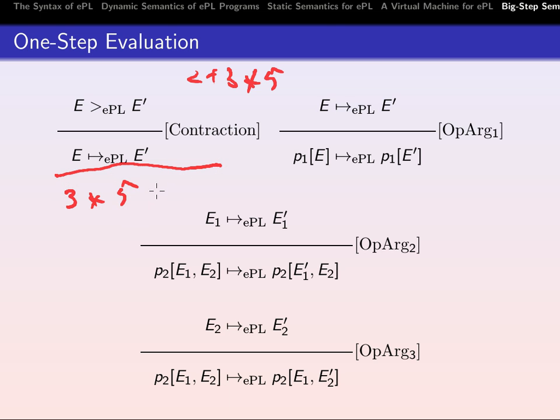And 3 times 5 evaluates to 15, right? And then 2 plus 15 evaluates to 17, right? So we'll have this tree where our final expression, you never see the final expression, right? This would be my final goal, but in this entire evaluation, in this entire derivation, because that's actually the correct term, we would never see this big expression, right?